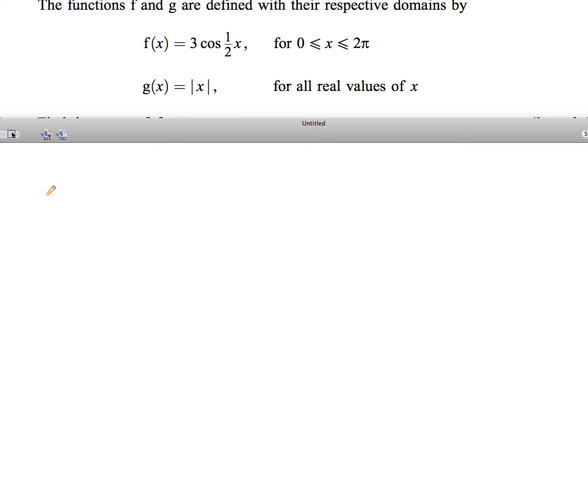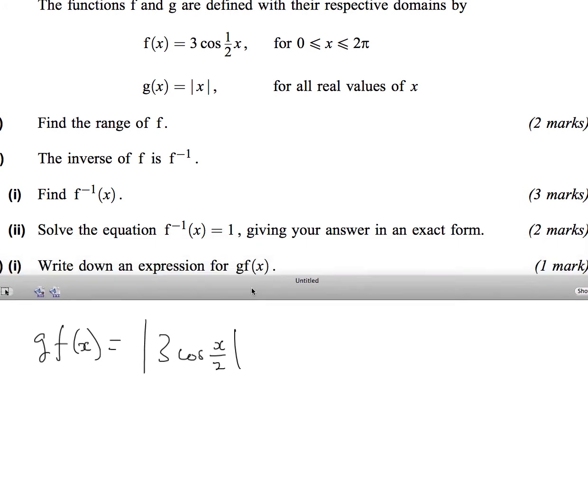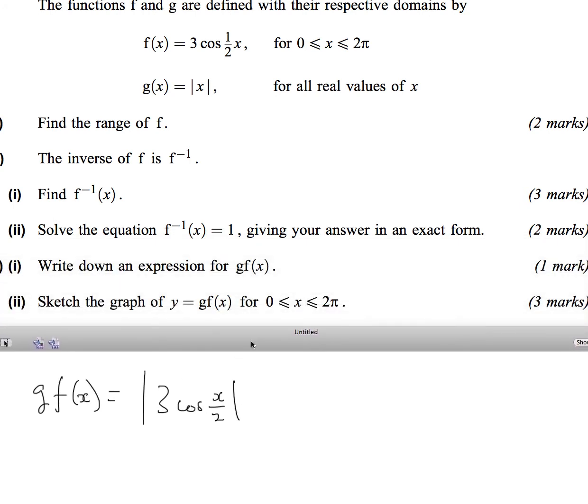So we want g of fx. That means we put fx into g. So we have vertical line 3 cos x over 2. Write down the expression for that. We've done that. That's correct.